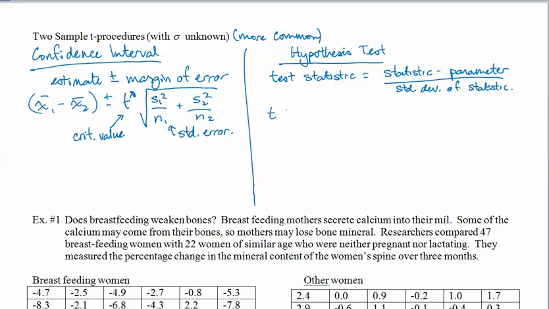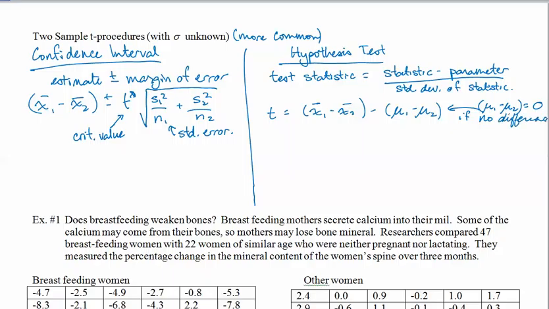And so we get t equals x1 bar minus x2 bar minus mu1 minus mu2. And please note here, mu1 minus mu2 will be equal to 0 if we are assuming no difference.